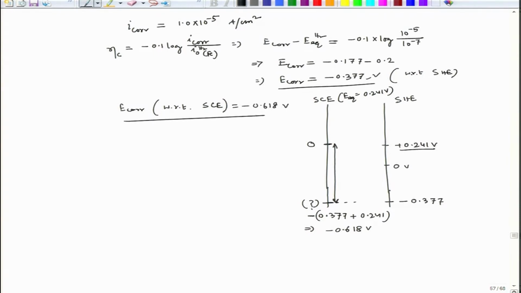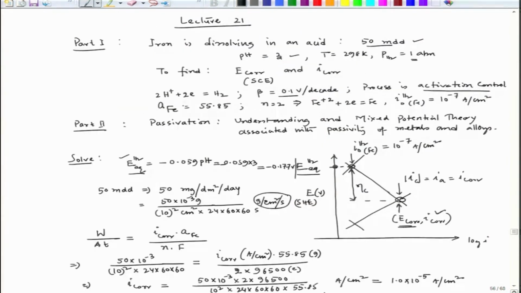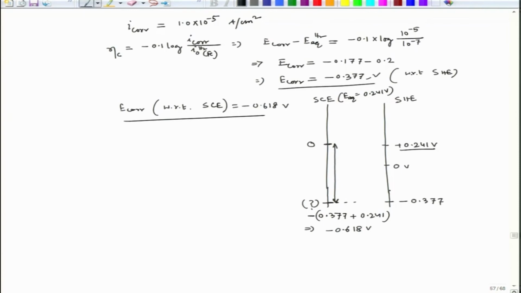So, this is the problem I wanted to show, how to make use of different reference electrodes. Now, in case of different reference electrodes, this equilibrium value will be different. In case of saturated calomel electrode, this is the voltage.